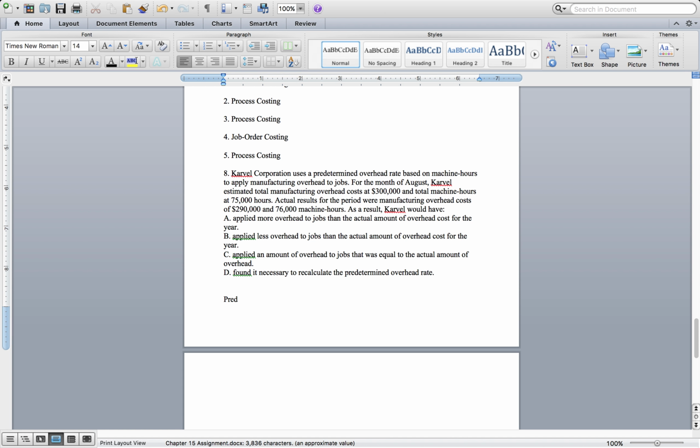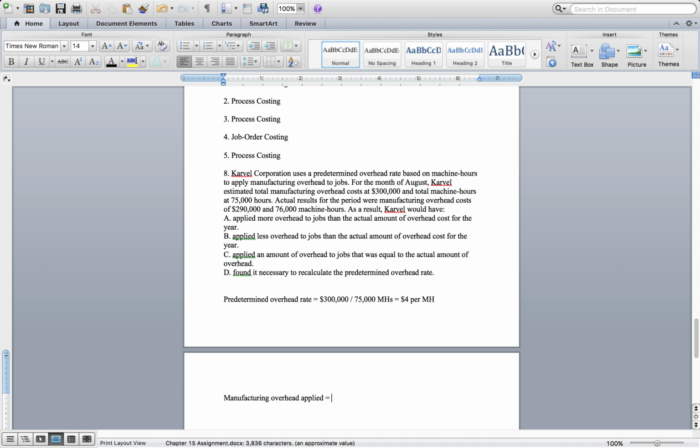So that's the first part. What is the predetermined overhead rate? To get that, take the $300,000 and divide by the 75,000 machine hours. When you do that, that gives me $4 per machine hour. Now the next thing you want to calculate is the manufacturing overhead applied.